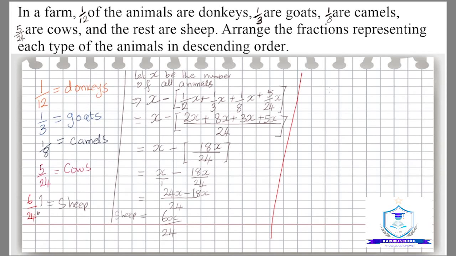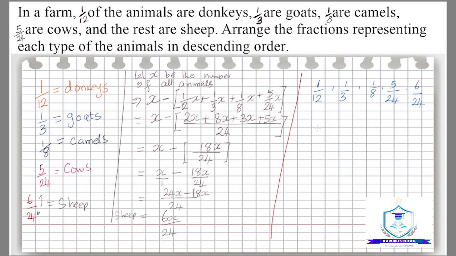So to arrange the fractions in descending order, we will need to identify all the fractions. So we have 1 over 12, then a third, an eighth, 5 over 24, and then 6 over 24.